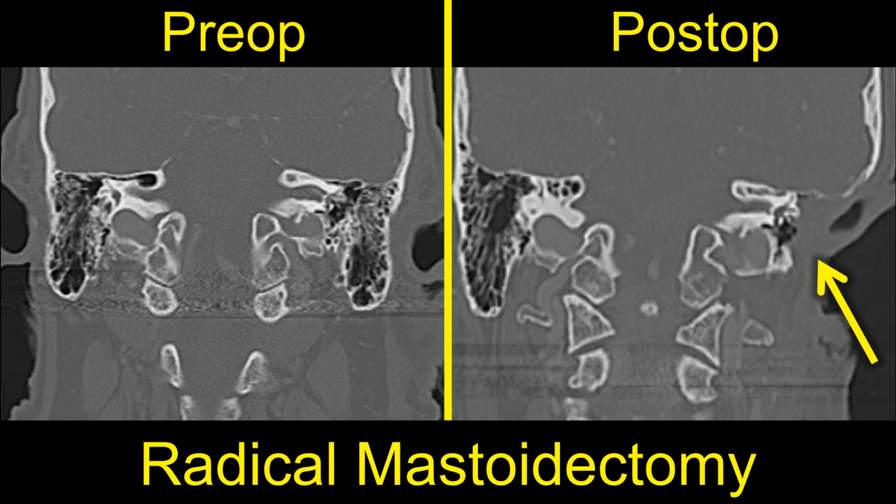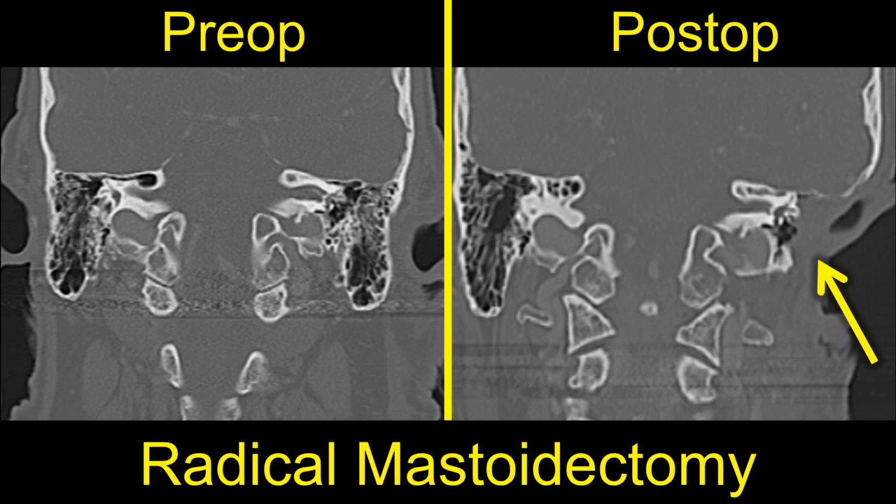So we may do a mastoidectomy through the external auditory canal, a transcanal approach. We may do an approach where we leave up the back wall of the external auditory canal, the posterior osseous wall of the EAC. That's a canal wall up mastoidectomy. If we cut down the back wall of the external auditory canal, that's a canal wall down mastoidectomy.